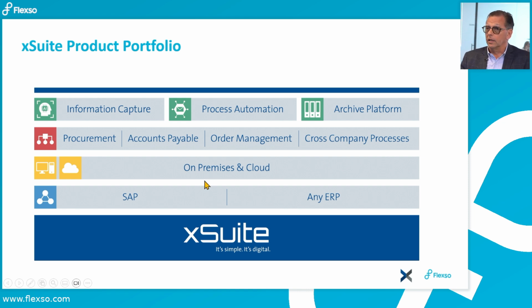Advantages, we can handle it in on-premise situations or cloud environments, or even a hybrid scenario is possible. And our main focus is SAP, but we also can handle our portfolio in any ERP system.